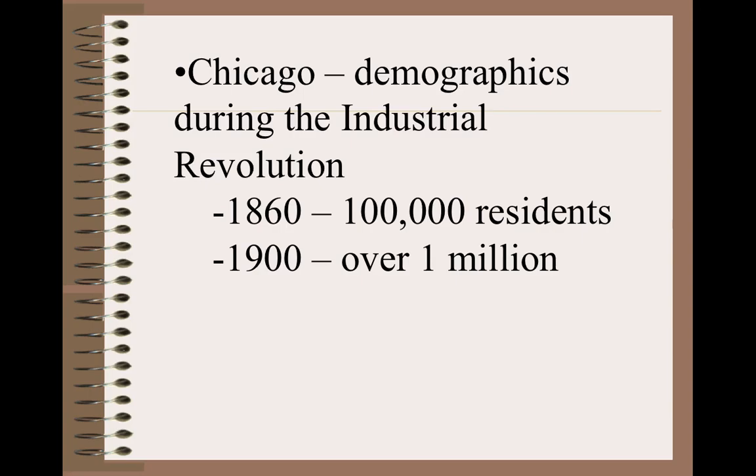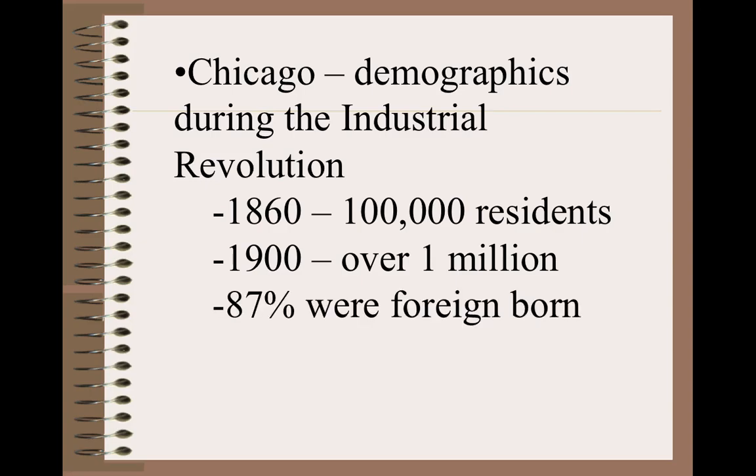So with the train, now you're talking about an incredible growth, right? And again, I'm not going to ask you specifically how big Chicago grew, but definitely understand that it's exponential. In 40 years, this city went from 100,000 to over 1 million people. And the overwhelming majority of these people were not Americans, Native Americans, natural-born citizens.